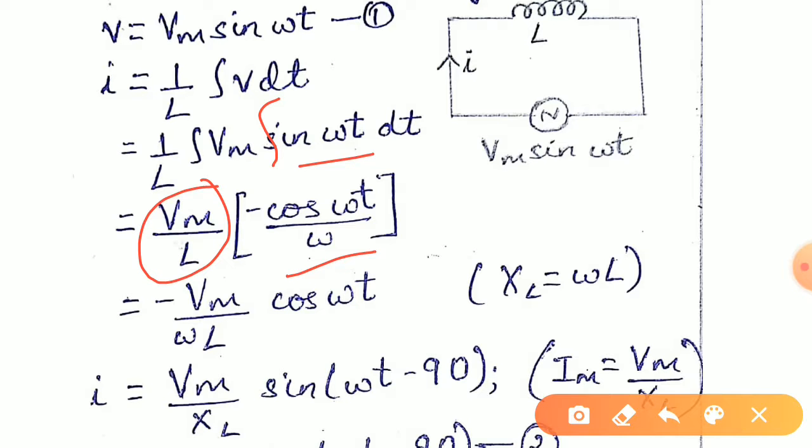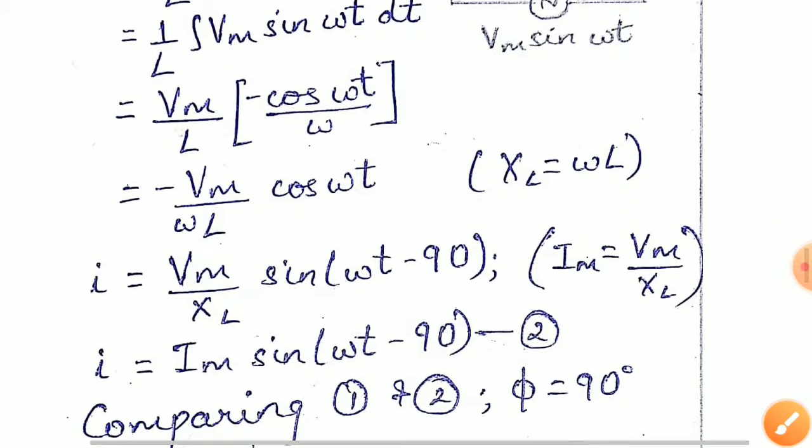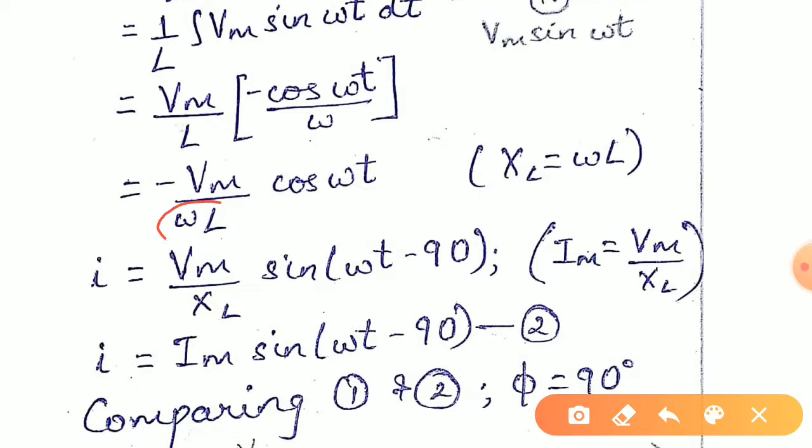and XL is omega L. So this omega we take common. We have minus Vm by omega L into cos omega t, where omega L is replaced by XL in the equation and cos omega t is rearranged as sin omega t minus 90 degree.